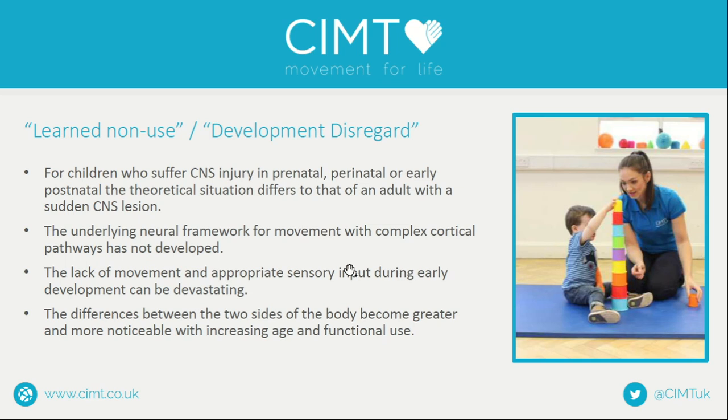There is still a lack of movement experiences, and appropriate sensory stimuli have not been developed in early development. But still they are improving in children's life. The brain of the child is still developing the body orientation and midline activities as age and function use improve.